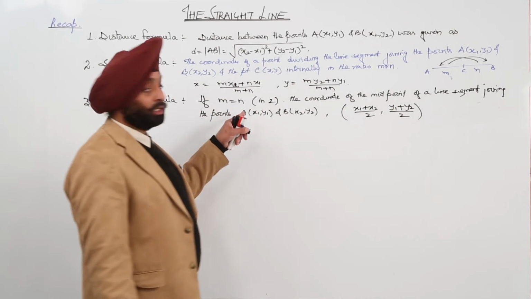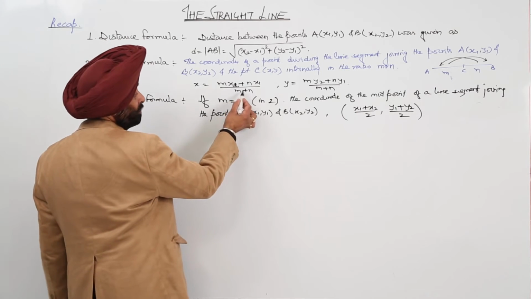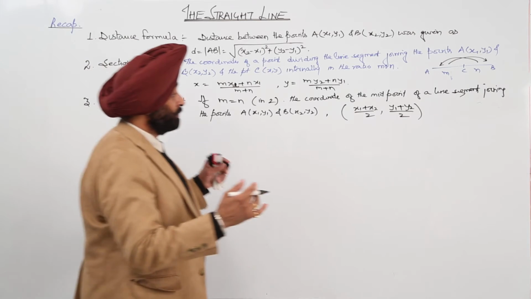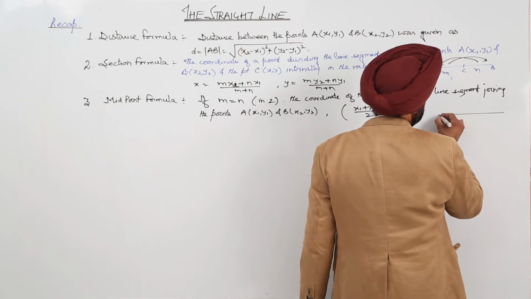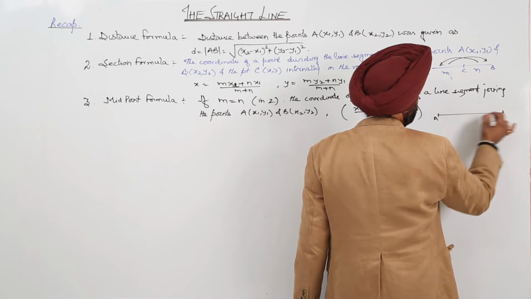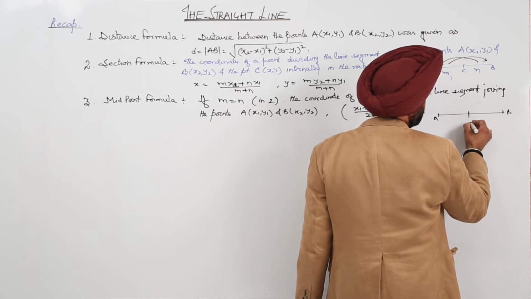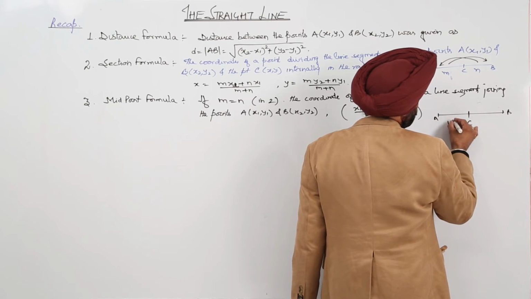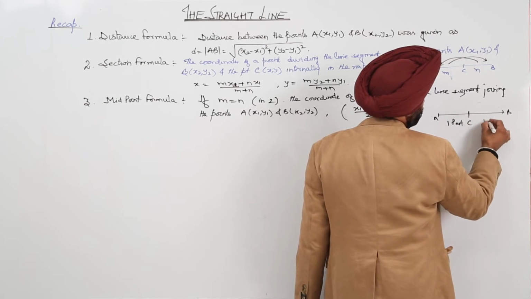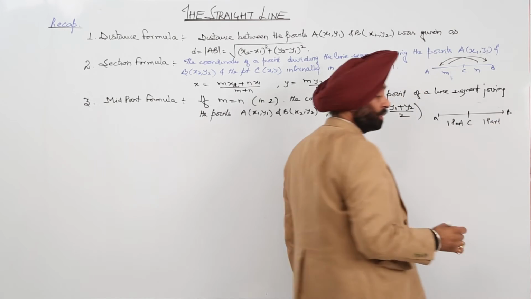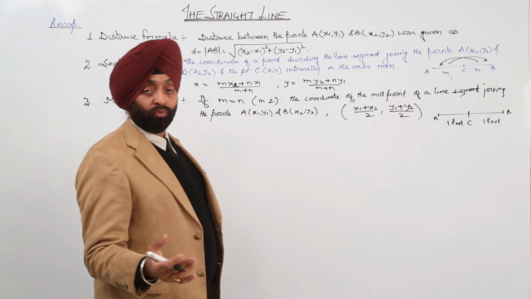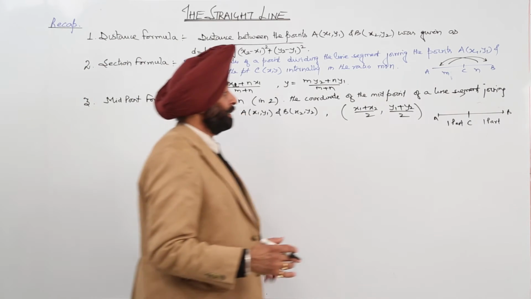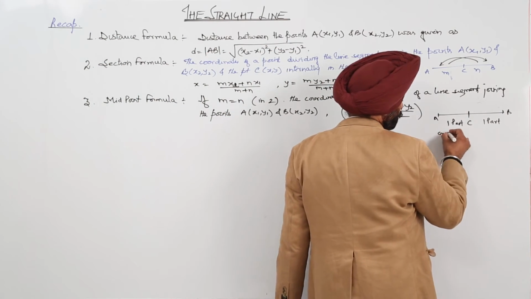Now when m is equal to n, it means this m is equal to this n, or we can write m plus m as 2m. So if this is a line, with points A and B, and this is exactly in the middle, this is one part and this is one part, and both are equal, so that's why m becomes 1, n becomes 1.